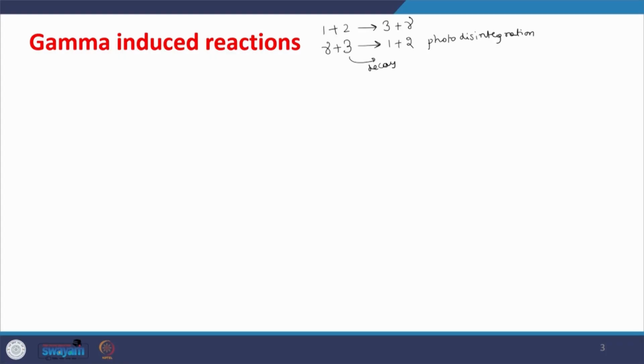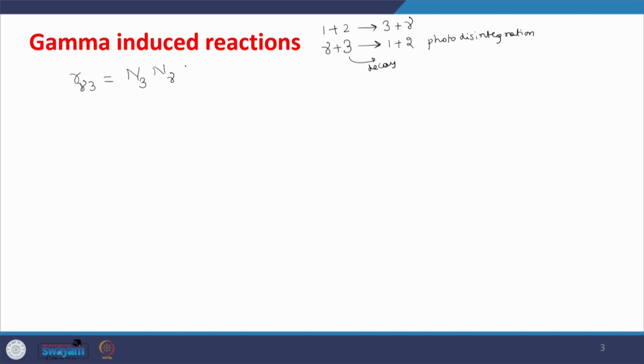All right. The rate of a nuclear reaction induced by gamma on nucleus 3. There is a small difference between R and the gamma symbol, please be careful here. It is the number density of nucleus 3 and the number density of the gamma ray, multiplied by the velocity of the particle. In this case, what is the velocity of the gamma ray?